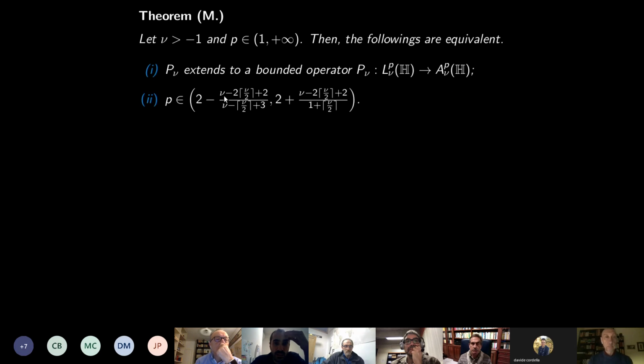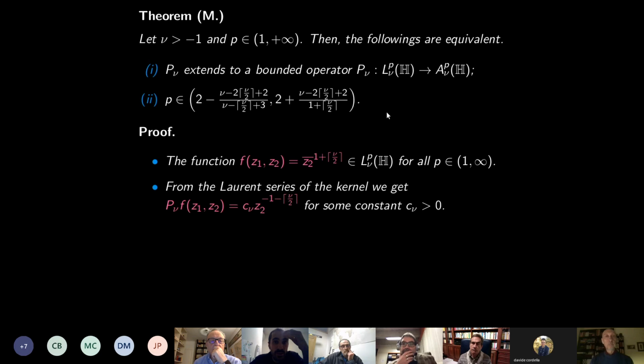And my case is when nu goes to -1. But if you take the limit for nu that goes to -1 in this interval, you do not obtain the interval from 1 to infinity. So we really have a different behavior.